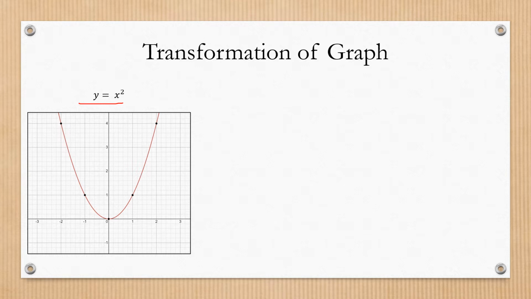So, as you can see, yung behavior ng graph natin, when x is less than 0, ibig sabihin, these are negative x values, as x approaches 0 from the negative direction, ang graph natin is decreasing.